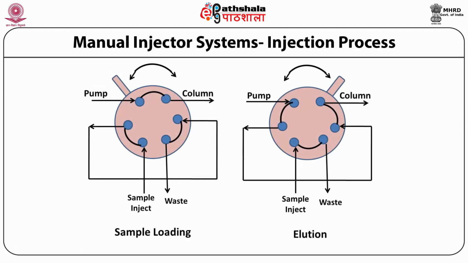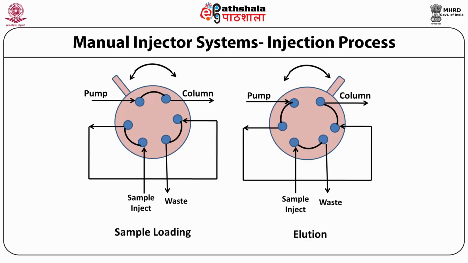Injection process of manual injector systems. In manual sample injection, when the rotor seal is in load position, the mobile phase flow is arrested. That is, in the load position, the sample loop is not aligned in the path of the mobile phase. The mobile phase flows through the sample loop in the inject position.